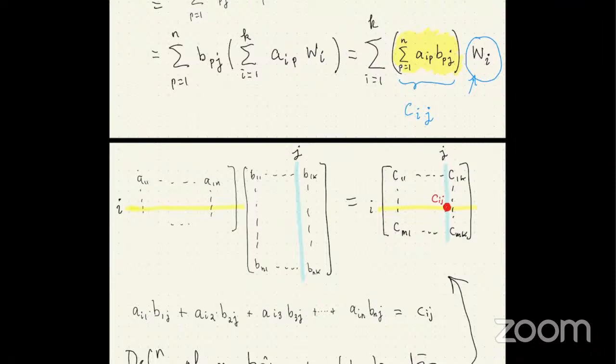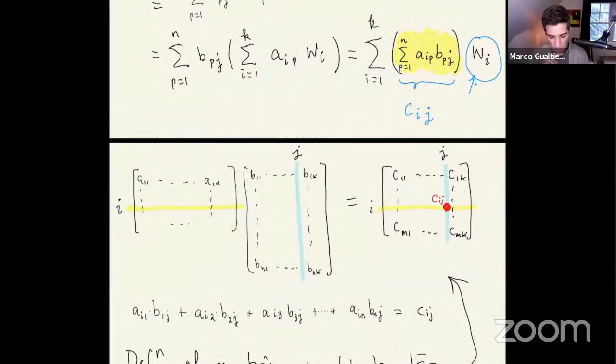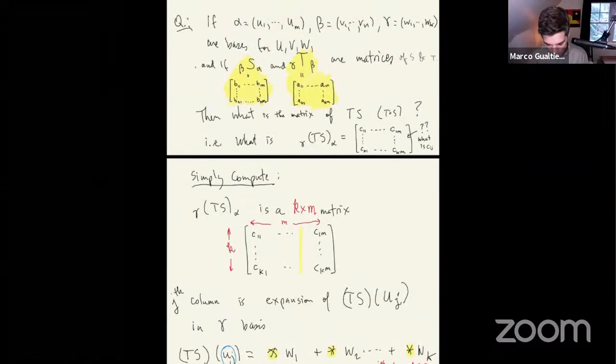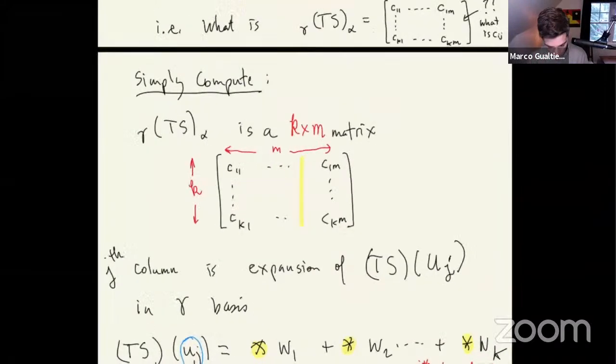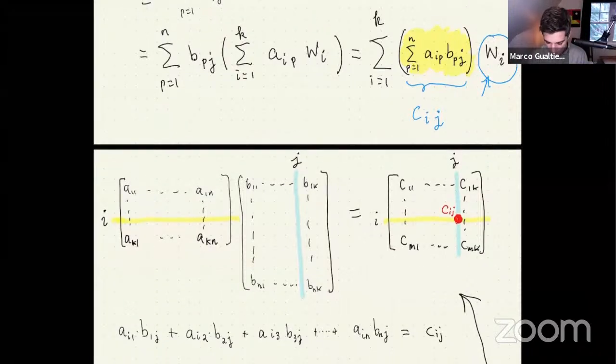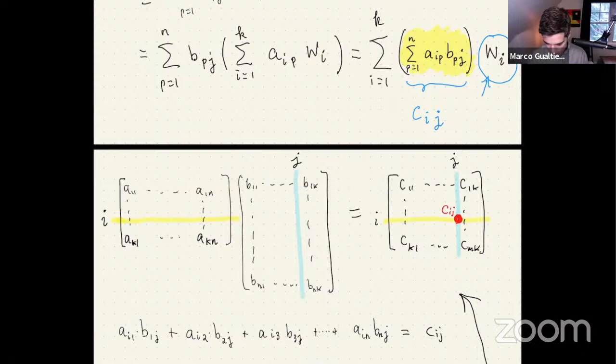Okay, thank you. So this A should be K1, and this should be K1, and this should be the same, K1, so it should be K rows, sorry.